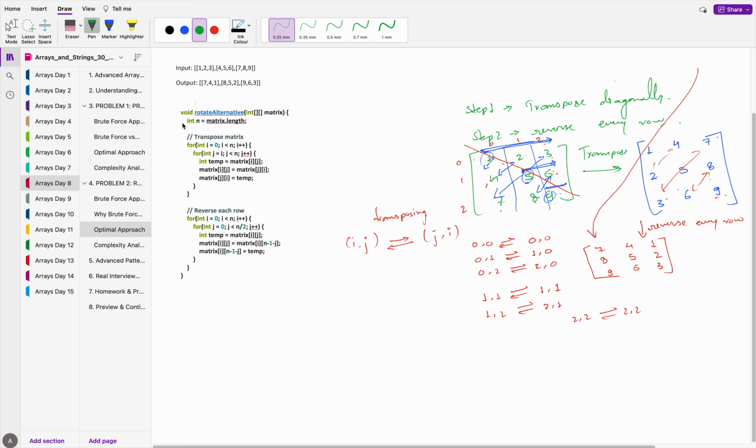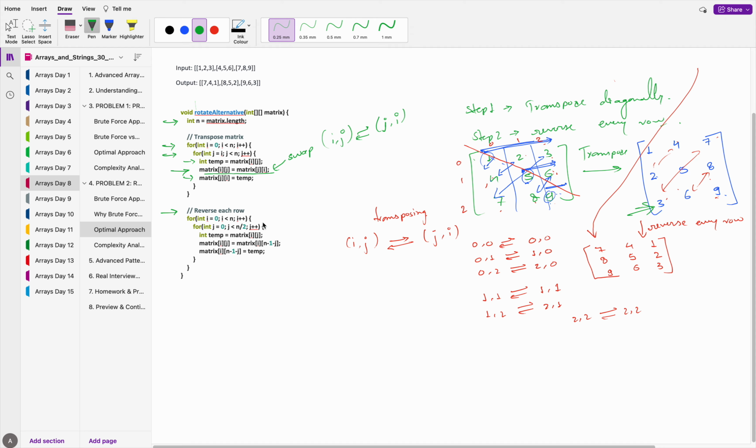As you can see, what I'm doing is taking n as the length of the matrix. I'm first transposing, doing what? Swapping ij with ji position. Swap i comma j with j comma i. Nothing else, right? You know the principle of swapping. You need an extra temporary variable so that you don't lose the item, correct? Once this whole thing is done, transpose is over for step one.